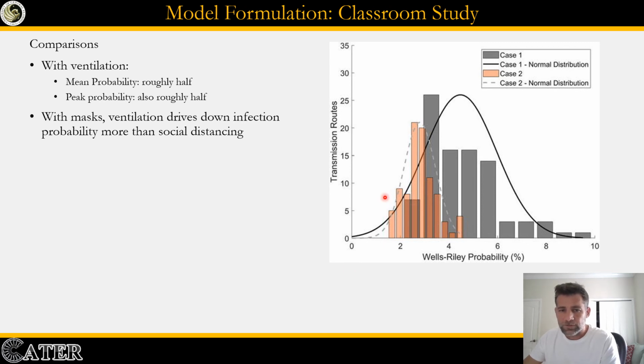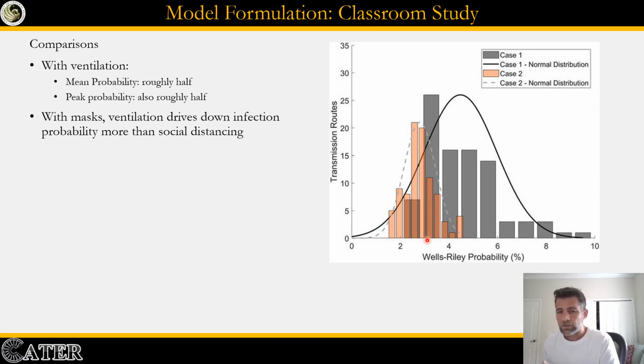The red ones indicate cases with ventilation, and the gray bars indicate the probabilities and number of probabilities without ventilation. So with ventilation, we pulled this curve down; we have about half the transmission probability as compared to non-ventilation.